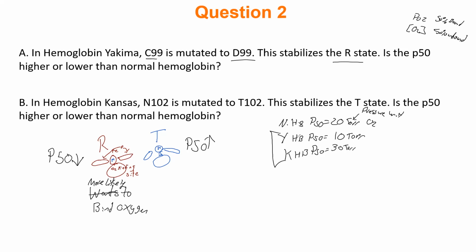So now that you have that example and you thought about the R and T state and its relation to P50, are there any questions about any of the terms or any of the ideas we have covered so far for hemoglobin?